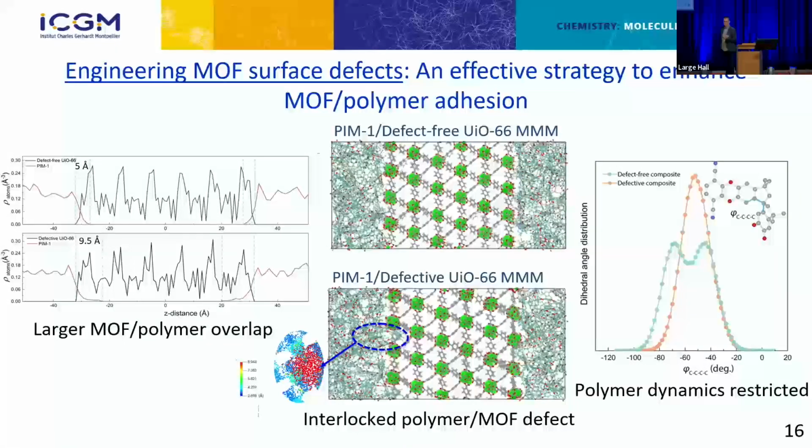In that case, you have a relatively large flexibility of the polymer at the MOF surface. When you create defects, you limit the dynamics of the polymer. Then it is also helpful to address the issue of plasticization. It is another positive point: compatibility, and also addressing one other trouble.